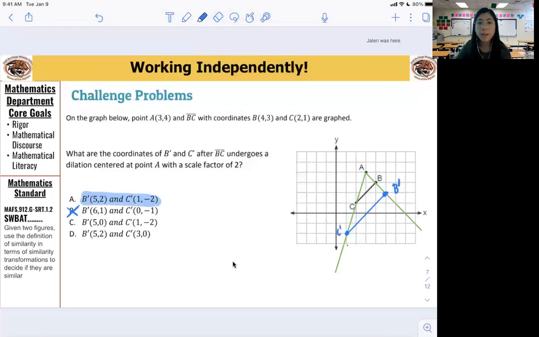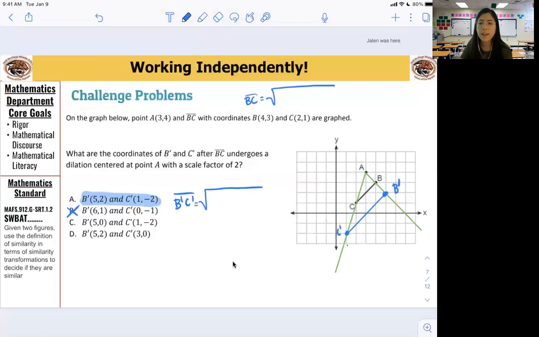Janelle is saying we can use the distance formula. Good, because we know that the scale factor is supposed to be 2, right? So that means that B prime C prime should be twice as long as BC. So you can quickly do a little distance formula for BC, do a little distance formula for B prime C prime, and just verify if we do in fact get the right answers.